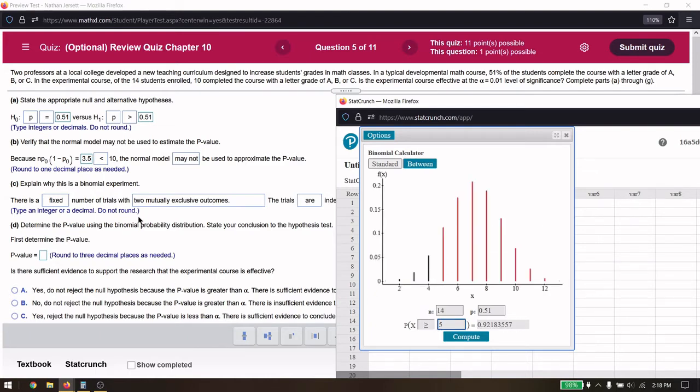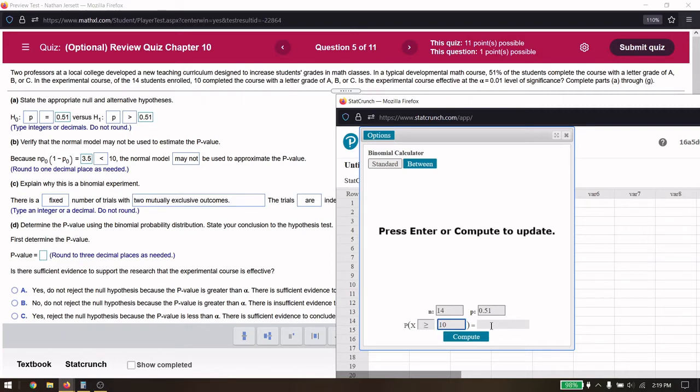Because right, we're working with the tail of the test. This is a little bit weird because we're not using normal distribution, but it's still kind of the same idea. You're looking for the probability, the area under the curve that's greater than the value, and the value we have is 10. That's where we're going to start. So we're saying, what is the probability of any x that's equal to or greater than 10?